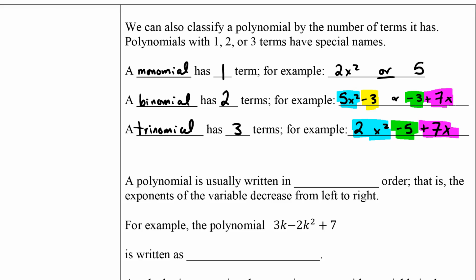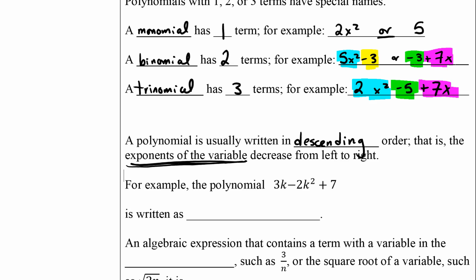A polynomial is usually written in decreasing or descending order. Oh, don't want to write in highlighter, yikes. That is, the exponents of the variable decrease from left to right.